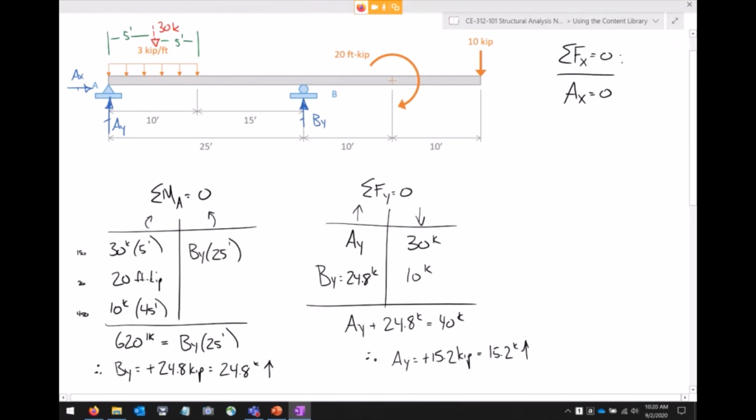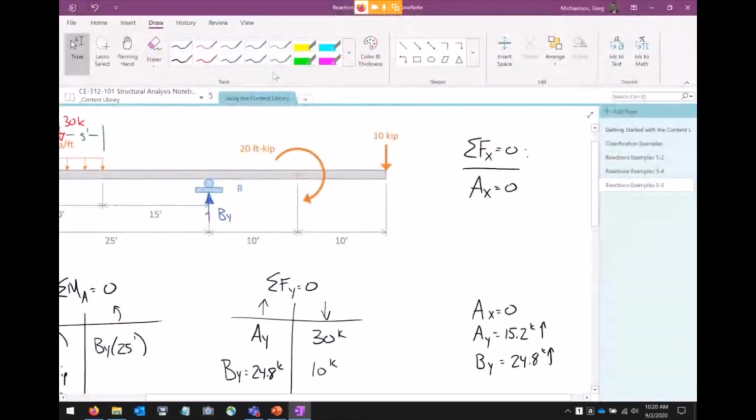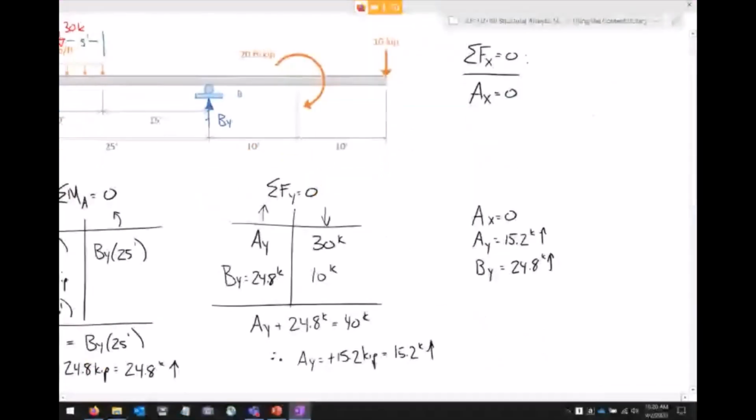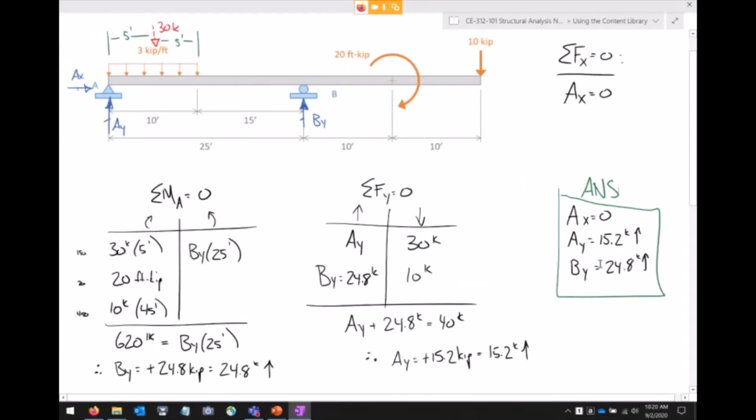And since that came out positive, that means it acts upward. And so that's it. So AX is 0, AY is 15.2 kips upwards, BY is 24.8 kips upwards. And that's all there is to it.